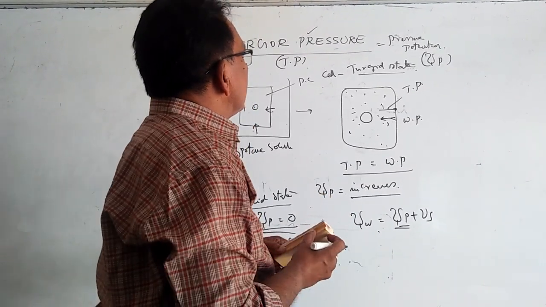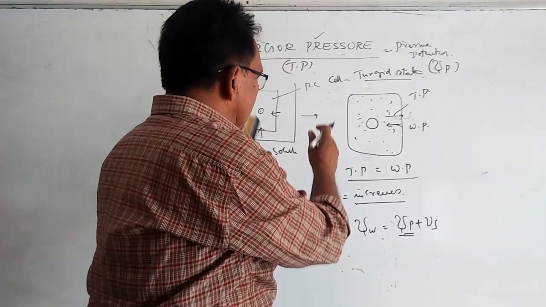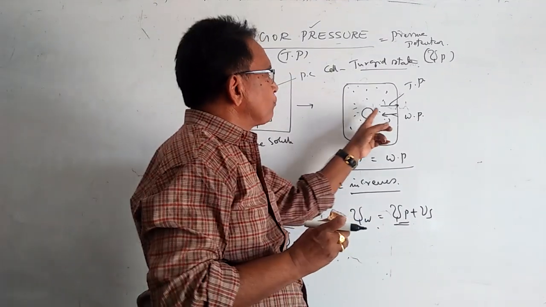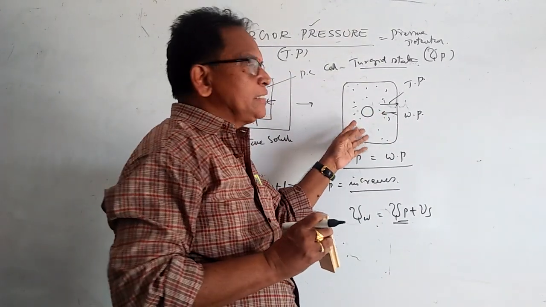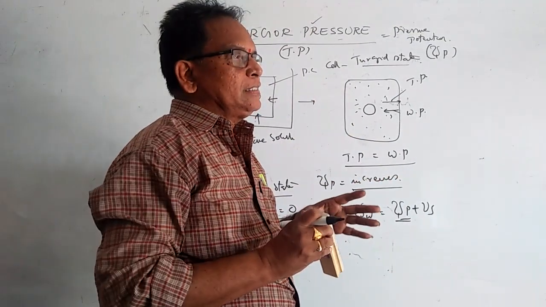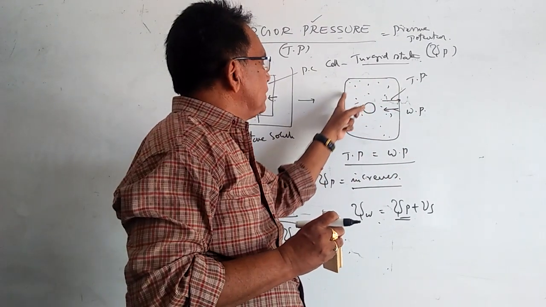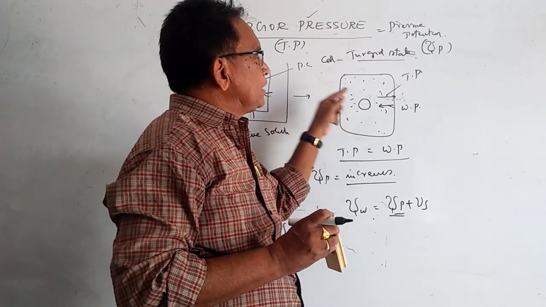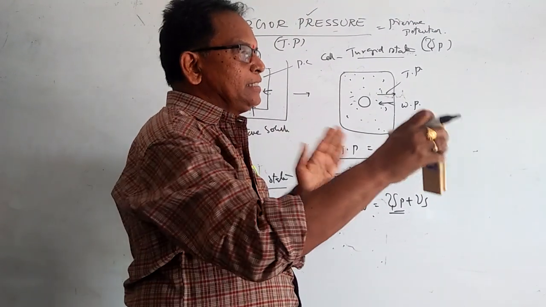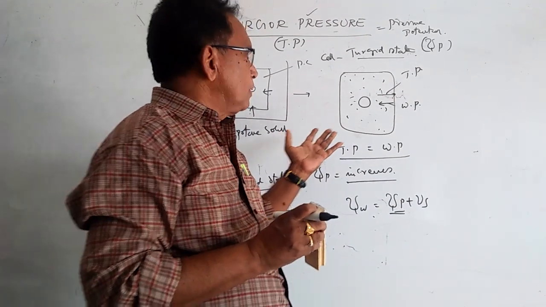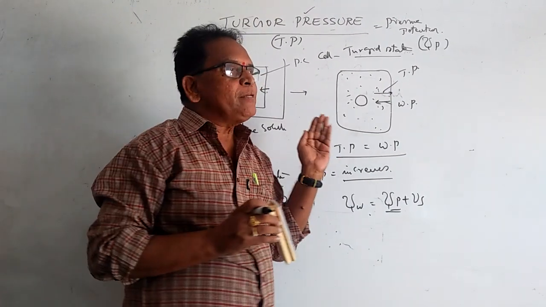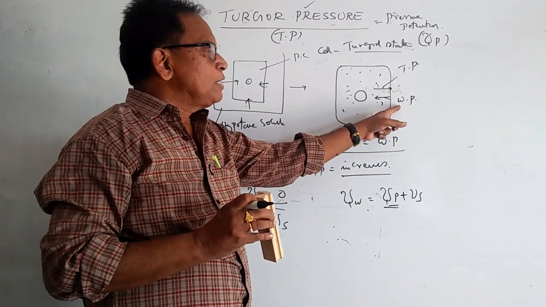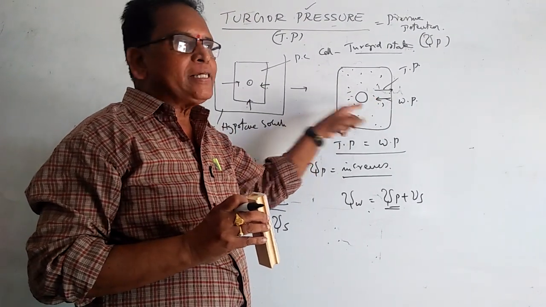Another important aspect of this phenomenon: whenever Turgor pressure is there, the cell is intact. There is no danger of the cell wall splitting, because when the Turgor pressure is increasing, we might imagine that the cell wall may break, but it will not, because the wall pressure is operating simultaneously.